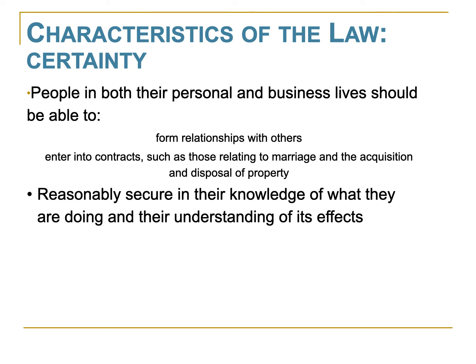So with the characteristics of law, we begin with certainty. People in both their personal and business lives should be able to form relationships with others, enter into contracts such as regulating marriage or property acquisition, dispose of property, essentially with certainty, reasonably secure in the knowledge of what they are doing and their understanding of all those effects.